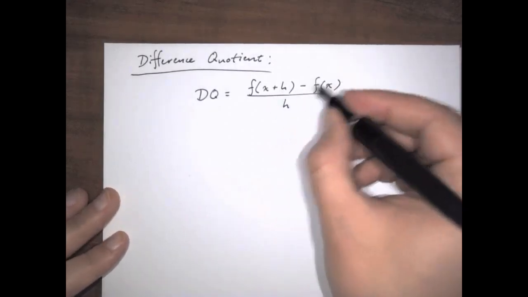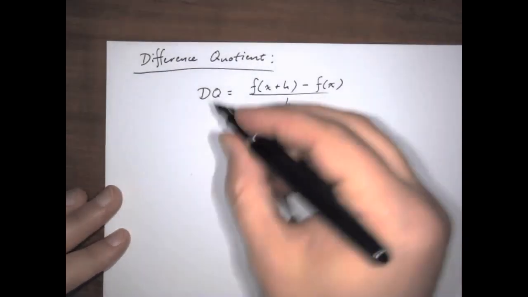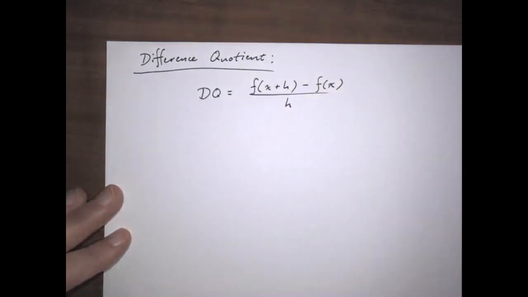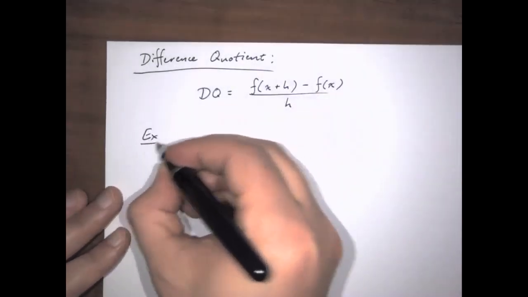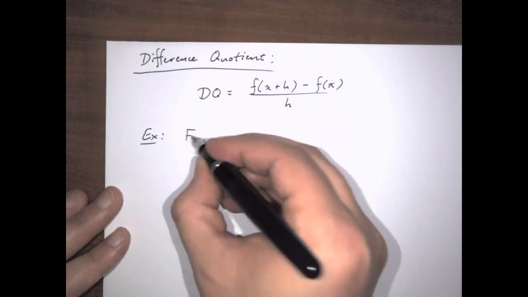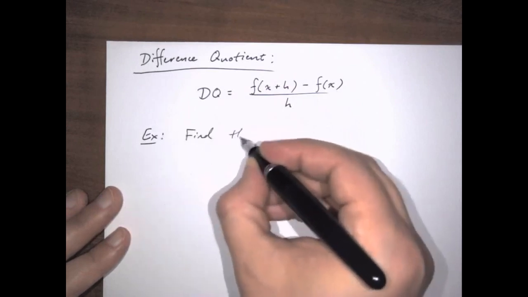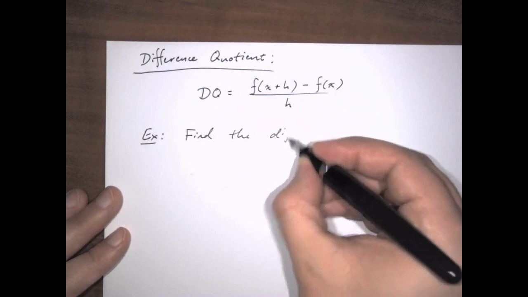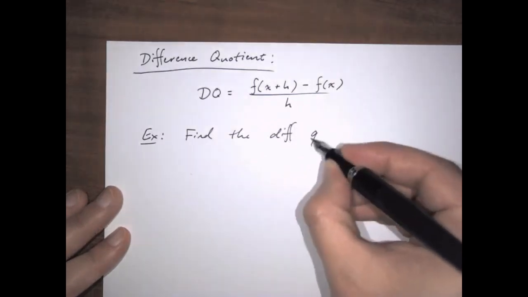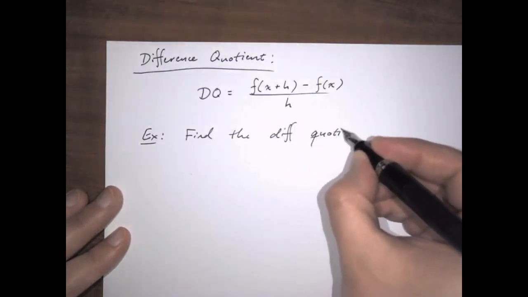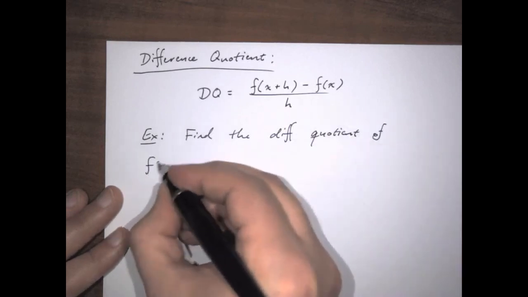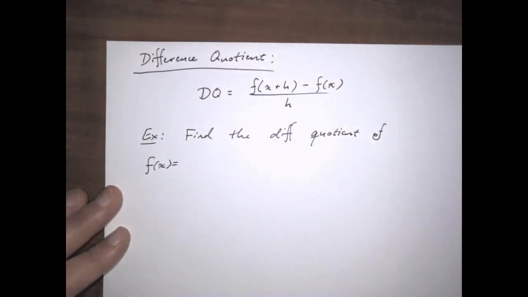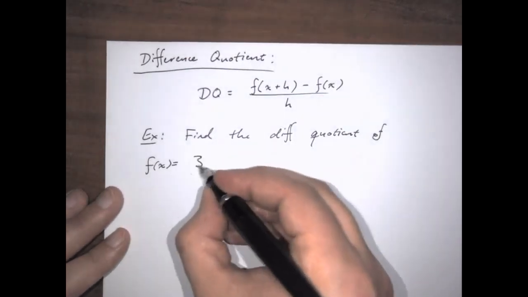We'll just try to figure out, based on what the symbols are or what's floating around here, what this must mean. And as an example, let's find the difference quotient of f(x) = 3x² - 1.